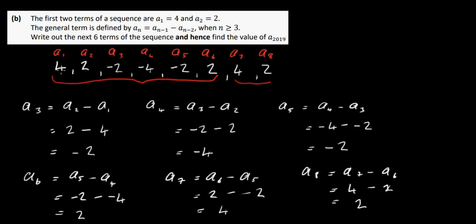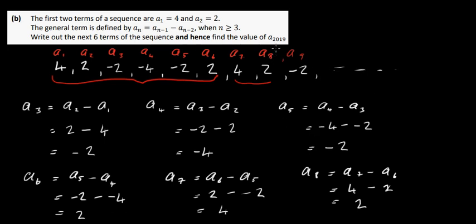So once we have the first 2 here, we're going to get all of these. So it will keep repeating. It's a repeating pattern of 6 terms. So in other words, A9, you will find that that's this term here, which is minus 2, and so on and so on.